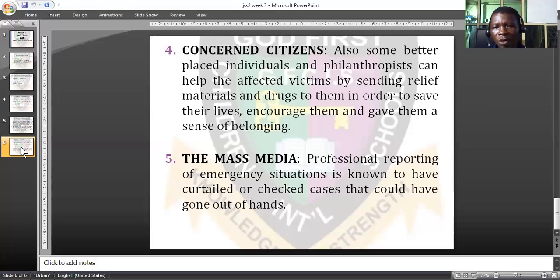The mass media, through professional reporting, will alert them of the emergency situation, where it has happened and the situation on ground, in order for them to know what exactly to do to address it.